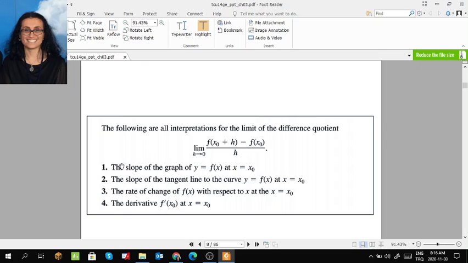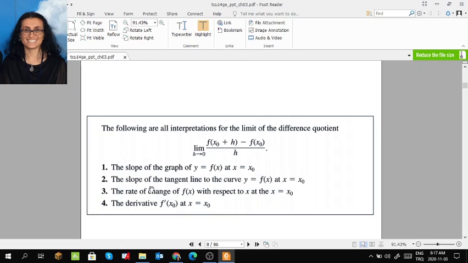And the third one is the rate of change of f of x with respect to x at the point x equals x0. If you remember the average rate, if you take the limit as h goes to 0, you get the rate of change of f. You just see the change of f around x0. So what's happening around x0, we get that information by looking at this limit.